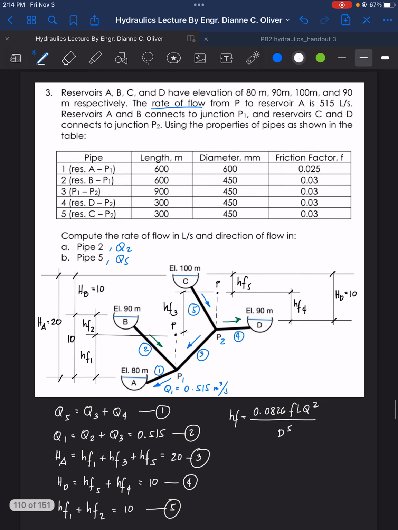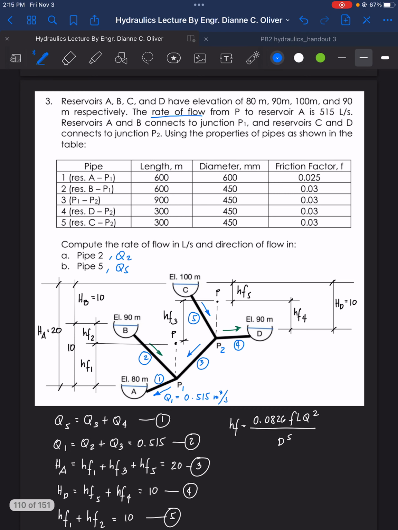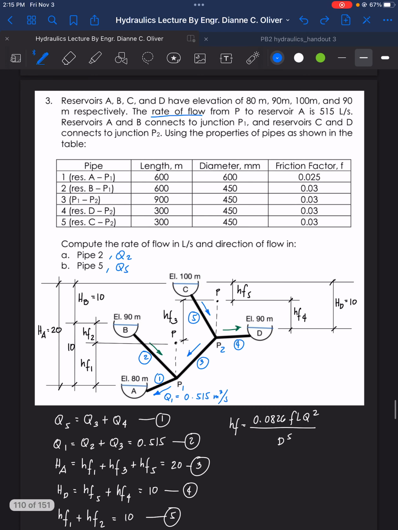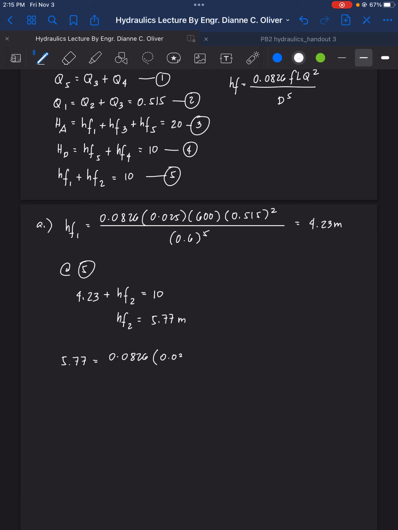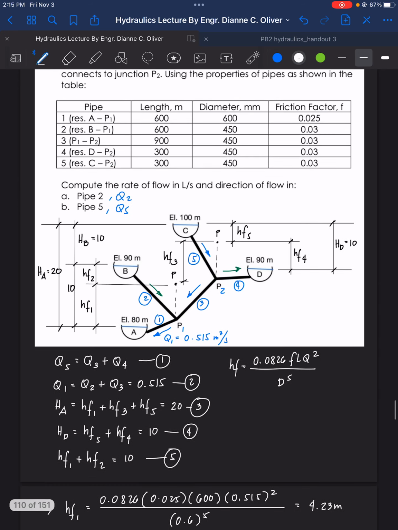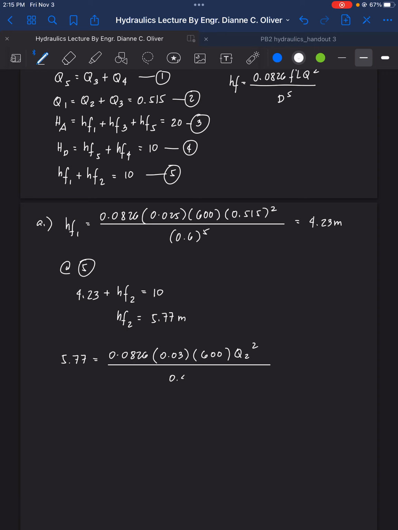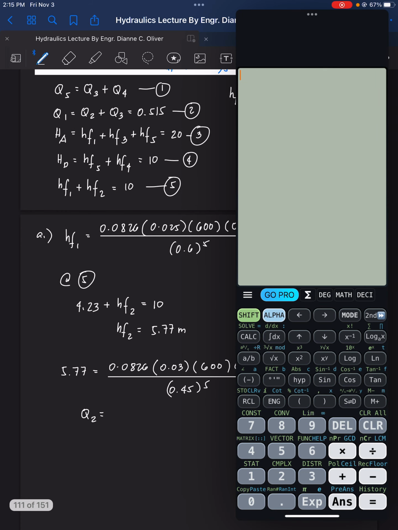What's the F for pipe number 2? 0.03. Diameter of 450, length of 600. So 0.03, length of 600, Q2 squared, and then the diameter of 0.45 raised to 5. So what is the value for Q2?